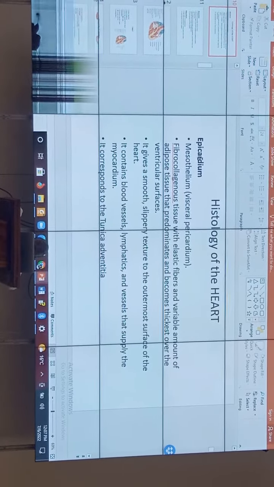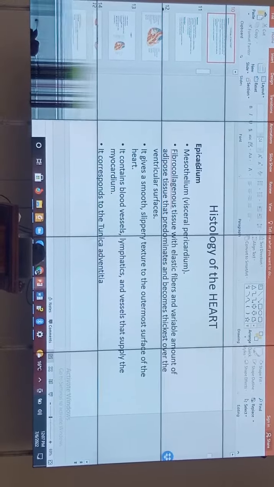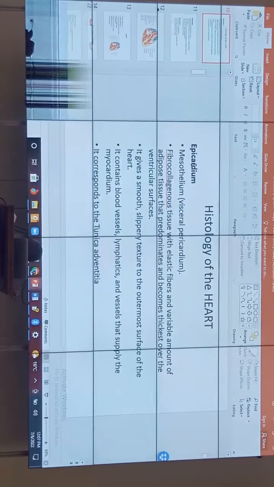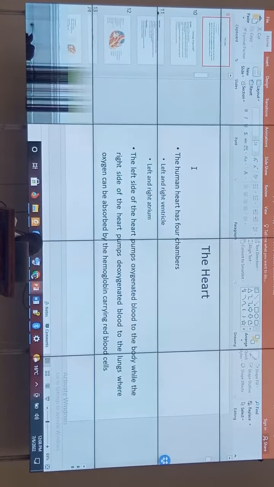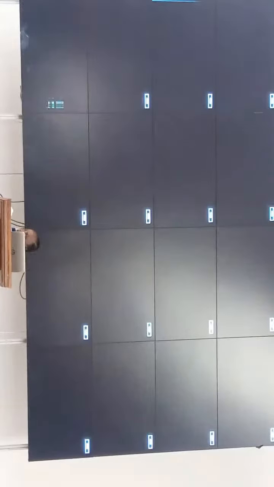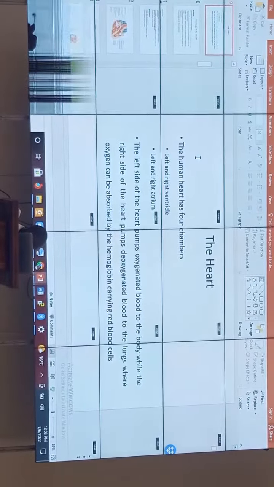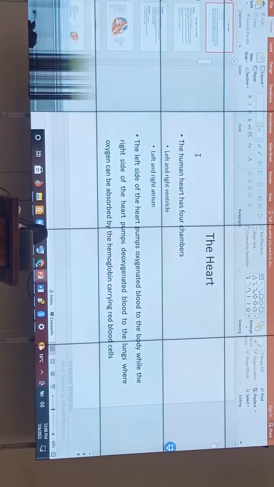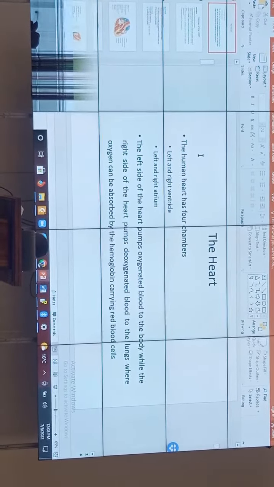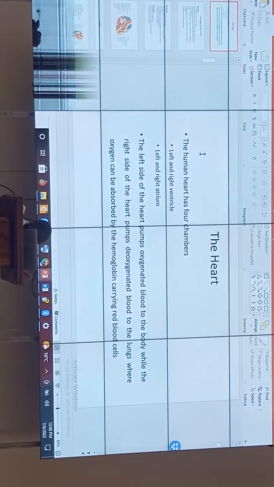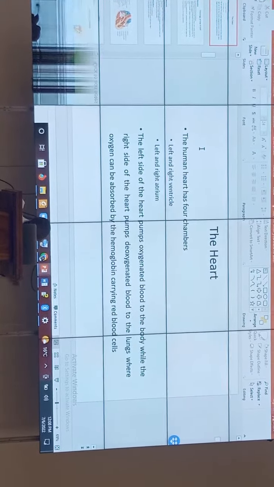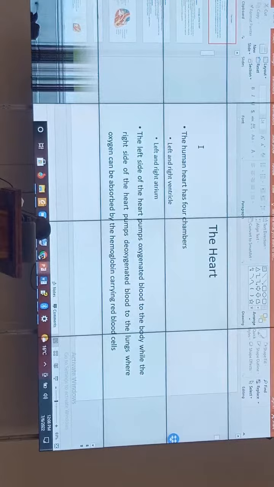So the visceral pericardium is a component of the epicardium. You will find that where the epicardium is adherent to cardiac tissue, in those areas where we are going to find grooves, remember the grooves that we talked about on the surface of the heart, in the grooves the epicardium is separated from the myocardium by blood vessels and fat.